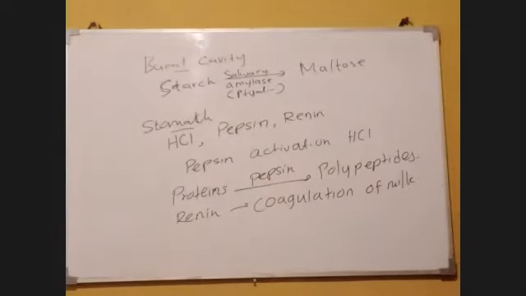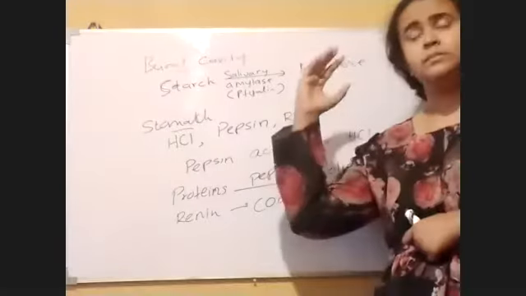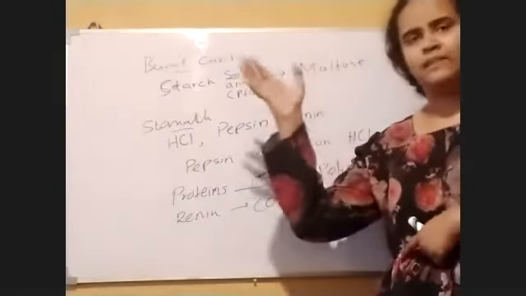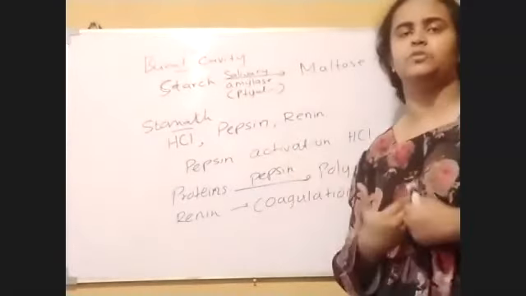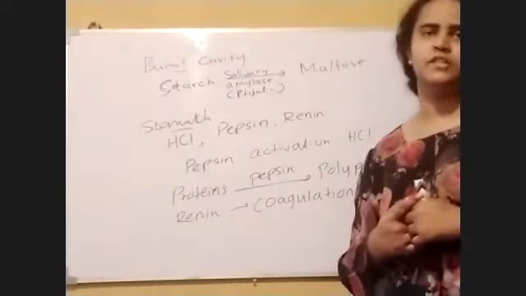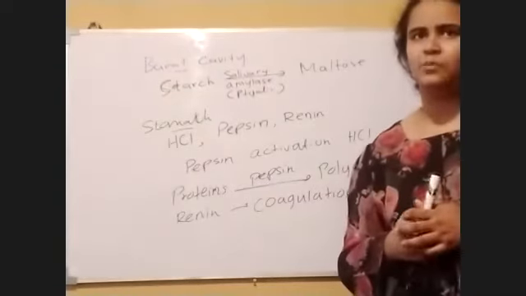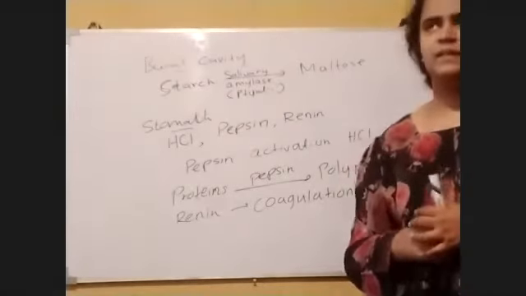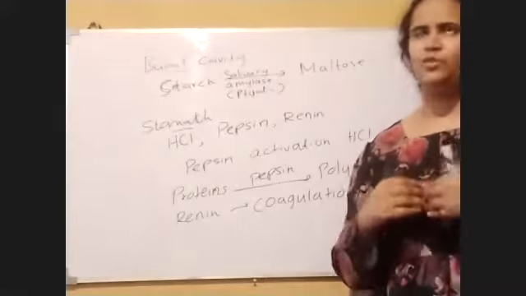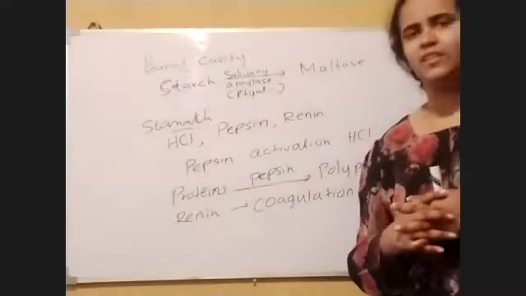And then what about carbohydrates? Is there no carbohydrate digestion? We knew that in our buccal cavity, salivary amylase converted the starch into maltose. So is there no digestion of carbohydrates in the stomach? We can say no, actually no carbohydrate digestion happens there.